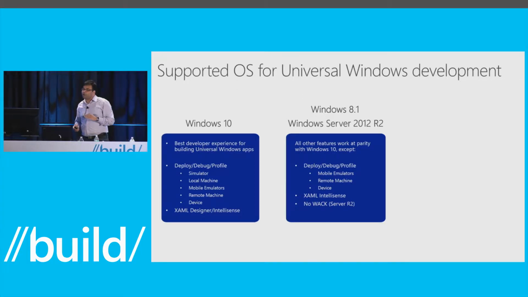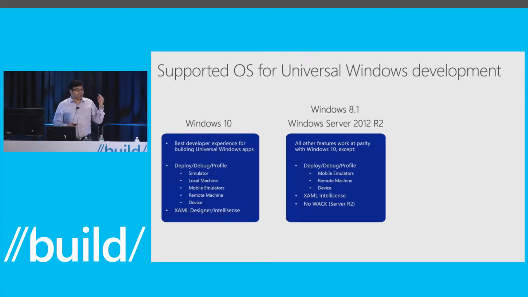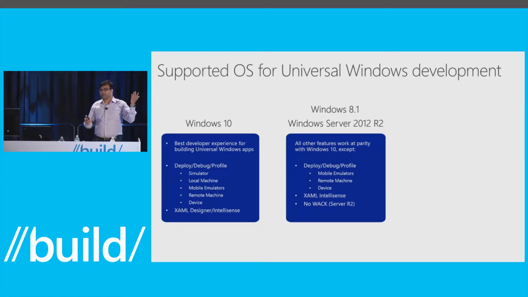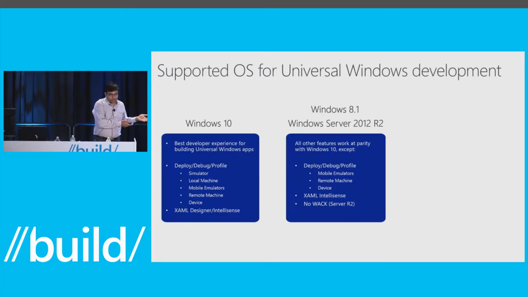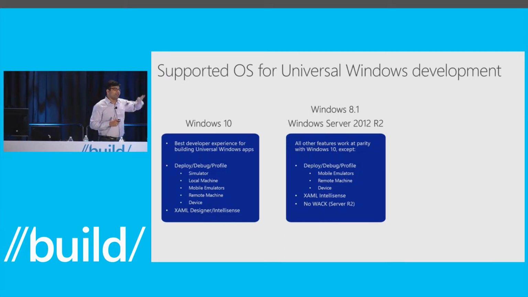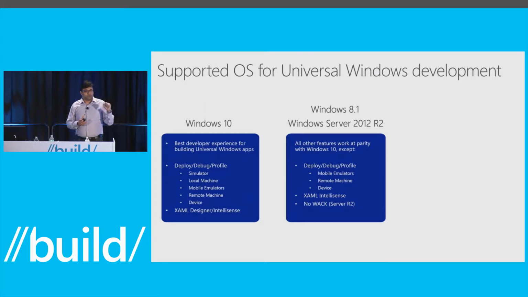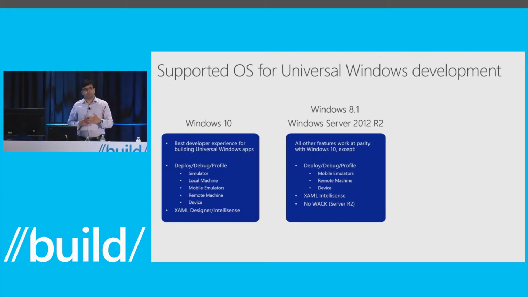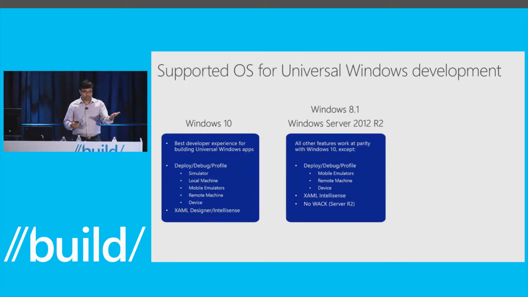Because it's the previous version of the OS, the experience will be slightly degraded. As an example, you will not have the simulator and local machine as deployment targets because you cannot run a Windows 10 application on Windows 8.1, right? Similarly, the XAML Designer uses the runtime OS to render the application, so it will not be available on Windows 8.1. But we will instead give you a full XAML editor view with XAML IntelliSense, both for platform and custom types, and you can use that to build your application.